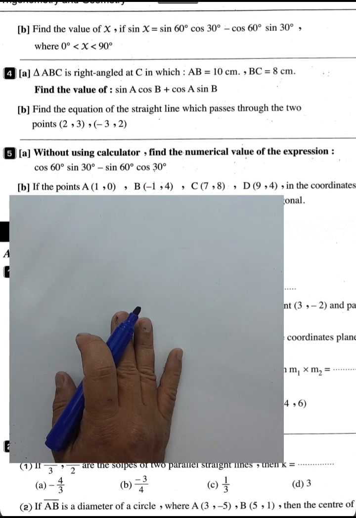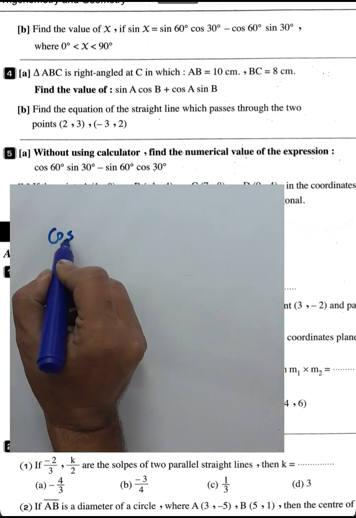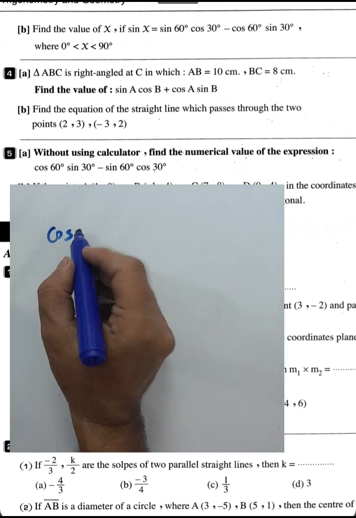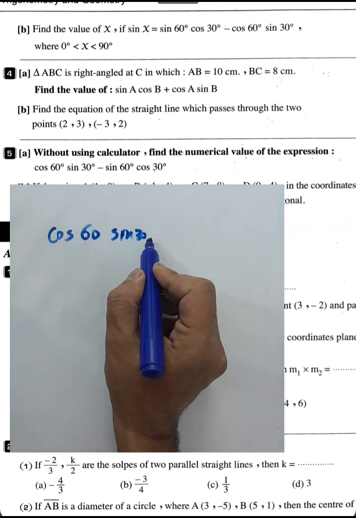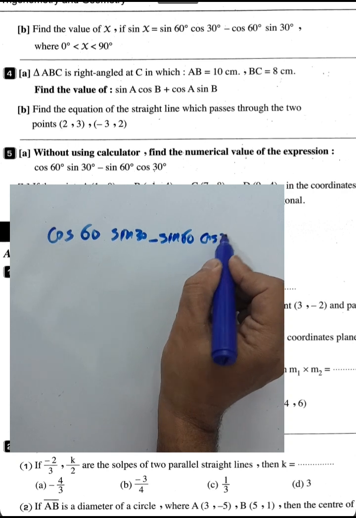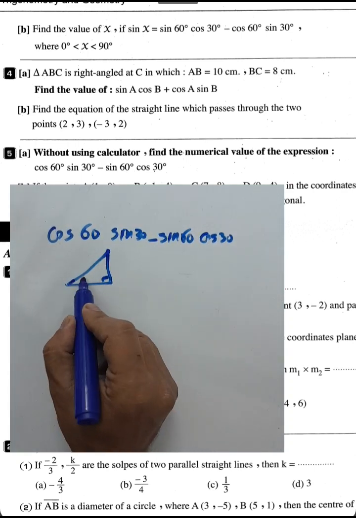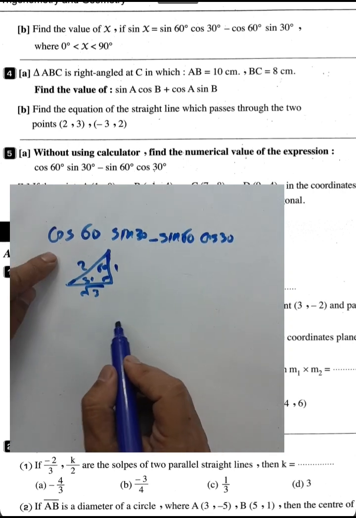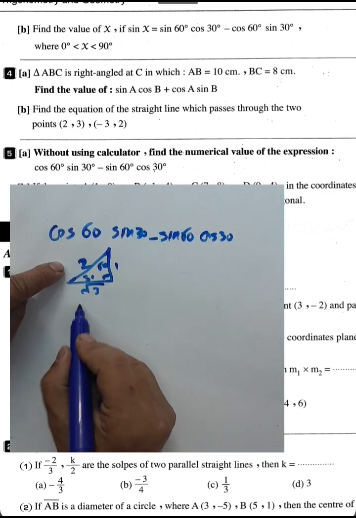Next question, without using a calculator, find the numerical value of this expression with cosine 60. We can draw a right angle triangle. When you want to solve this example, you must draw the triangle with 60, 1 and 2 and root 3, and then find the rules. Cosine 60 is adjacent over hypotenuse.